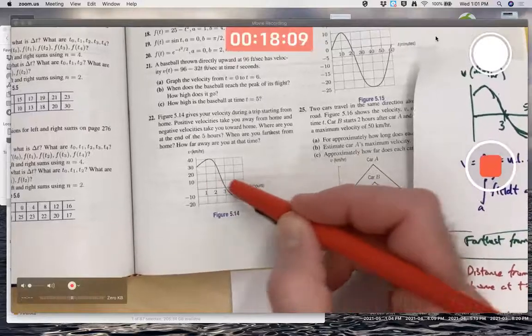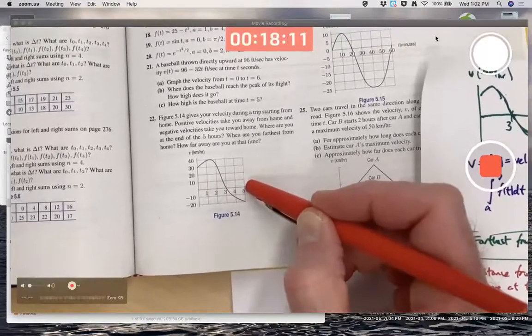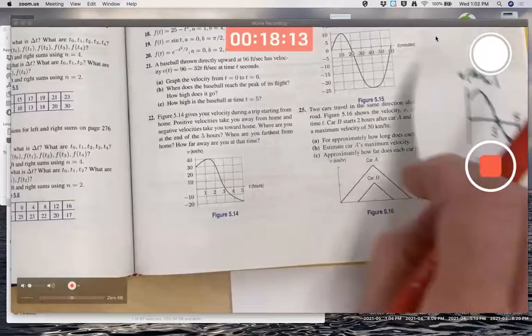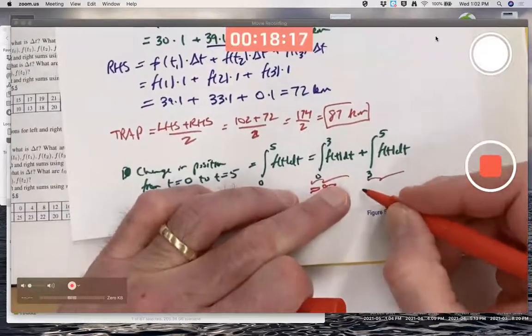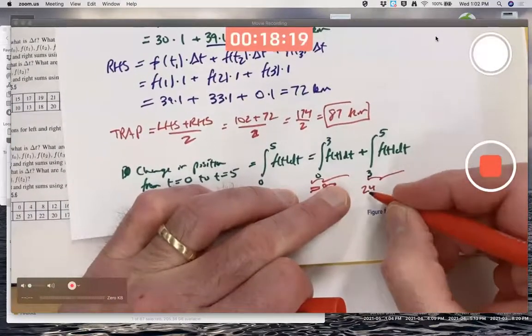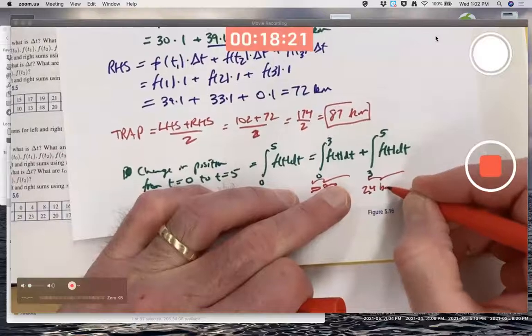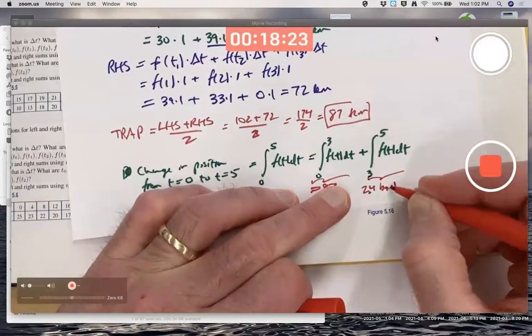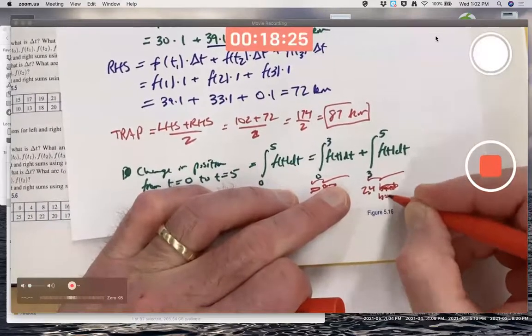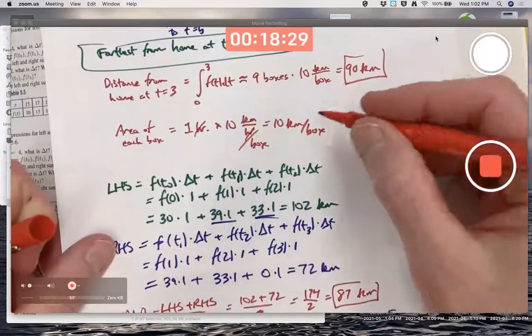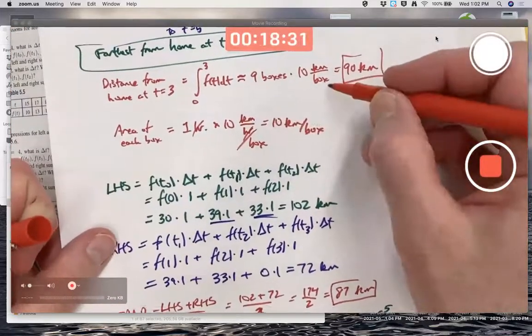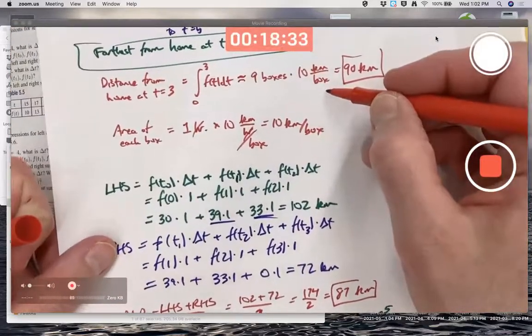Here's the t-axis. Let's just pretend it's 2.4 boxes. But now multiply that, not times 10 kilometers per box, but negative 10 kilometers per box.